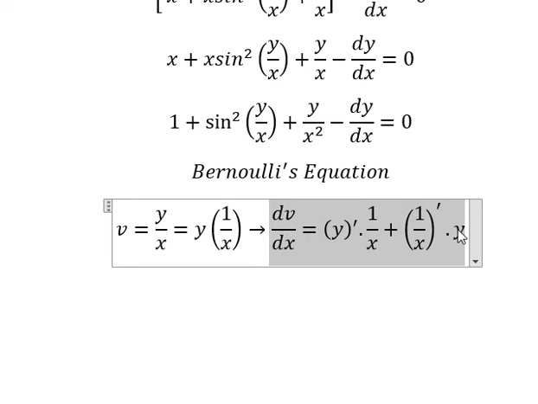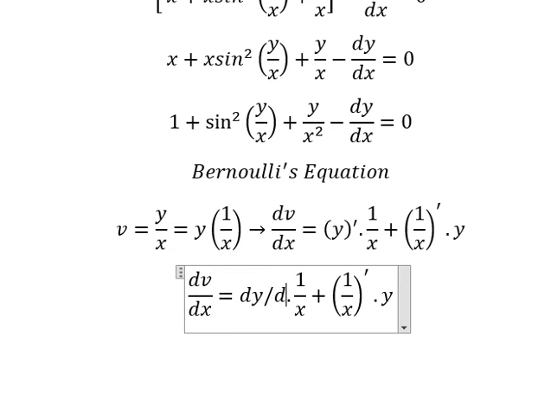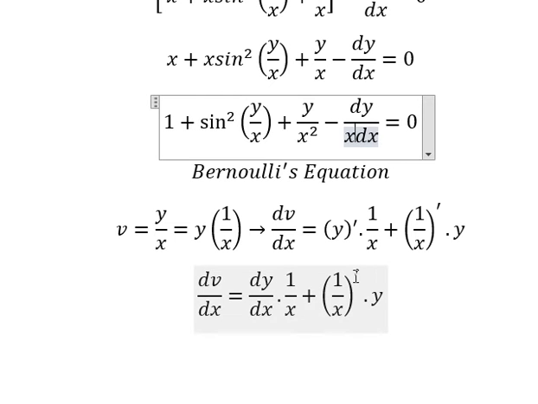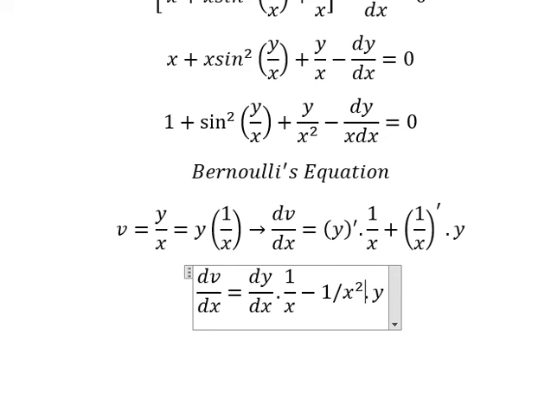So this one we got about dy over dx. I forget x in here. So this one we got about negative 1 over x squared.